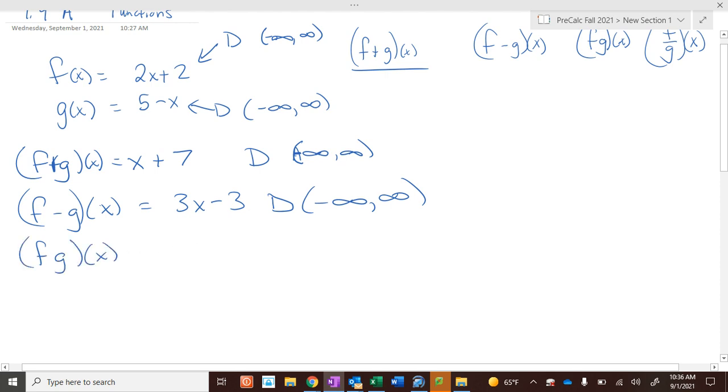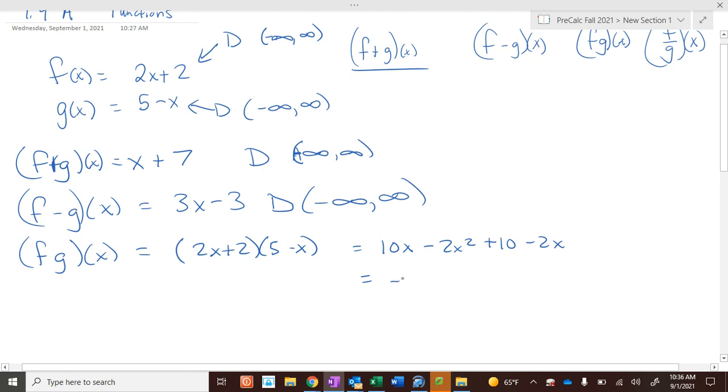F times g of x. Okay, this one's a little more complicated. What do we do on this one? Well, they're both binomials, right? How do you multiply binomials? FOIL. We take the first times the first, which is 10x, outers, which is negative 2x squared, inners, which is plus 10, last times last, which is negative 2x.